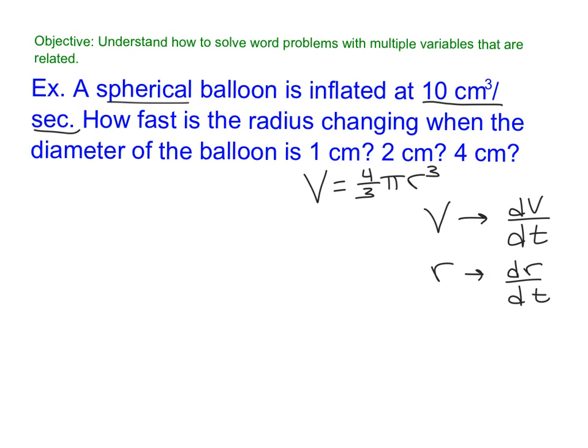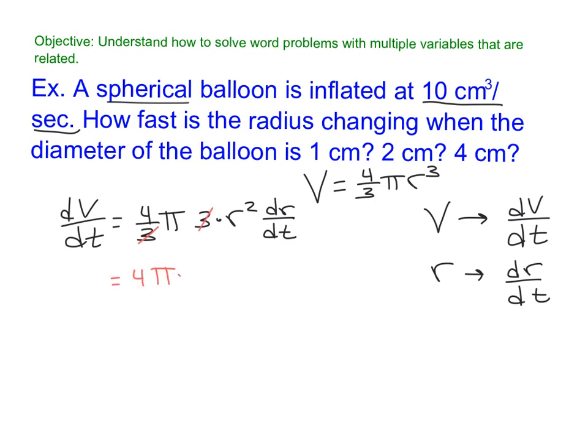Right? So what would be the derivative of the volume? dv dt equals 4/3 pi, and then what's the derivative of r cubed? 3r squared dr dt. And the nice thing with this one is those 3's end up canceling. So we get 4 pi r squared dr dt. So this is our derivative.